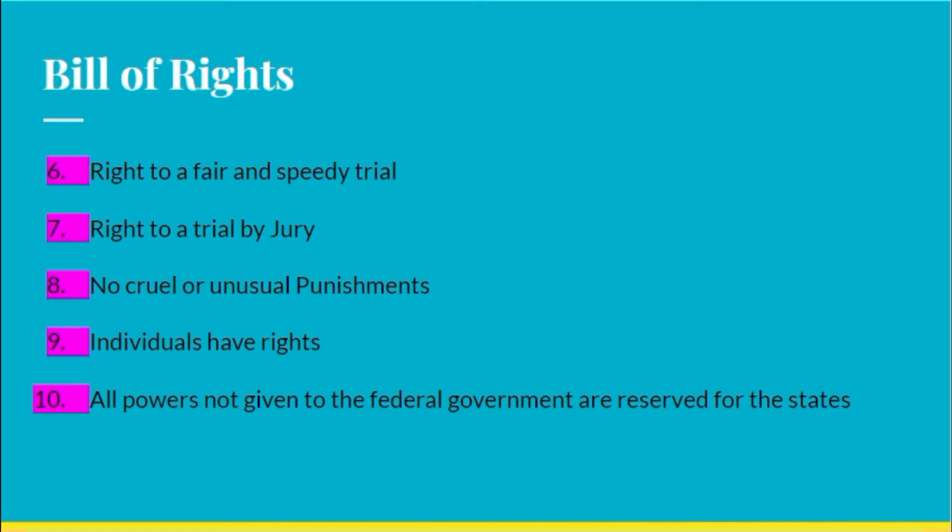So your trial shouldn't take years and years and years. It should be fair and speedy, which moves into the 7th, which is the right to trial by jury. And we remember that a jury is required of all of us to take part in.